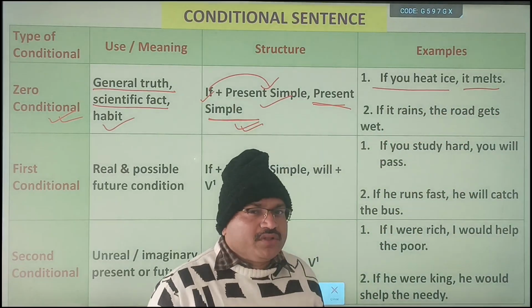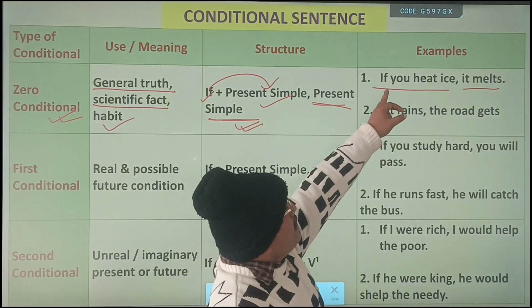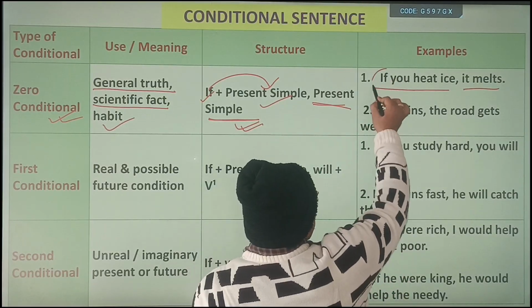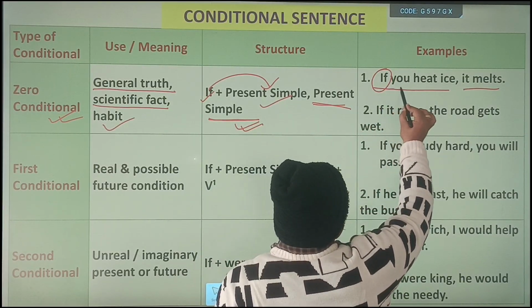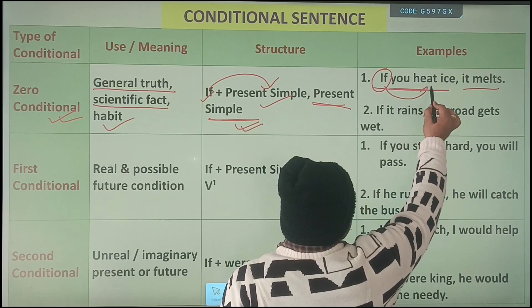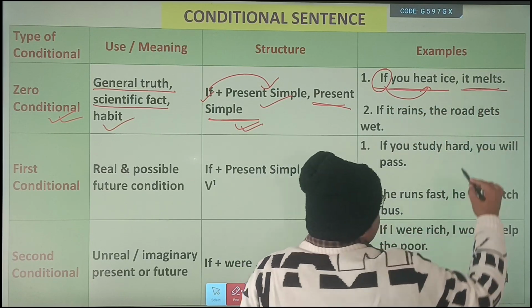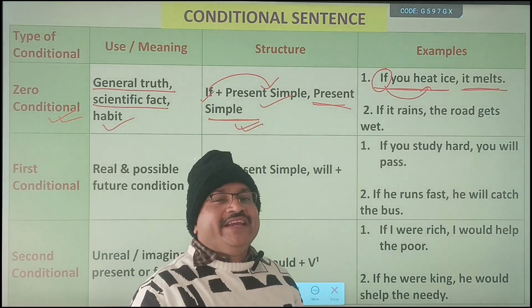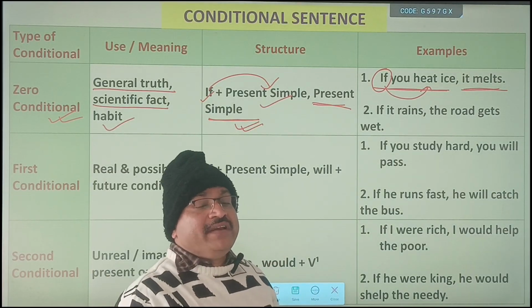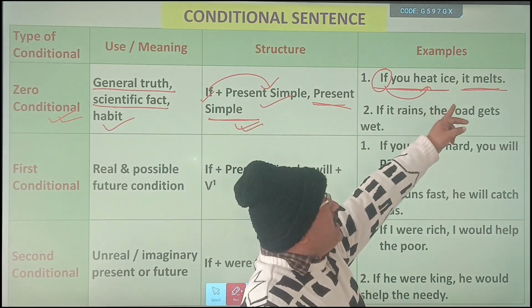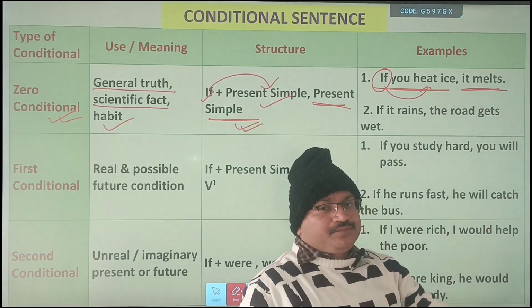It's a scientific truth. Yes or no? So, if you can see, if you heat, this is the conditional part in present simple. The result part, the main clause, is also in present indefinite, simple present. If you heat ice, it melts.